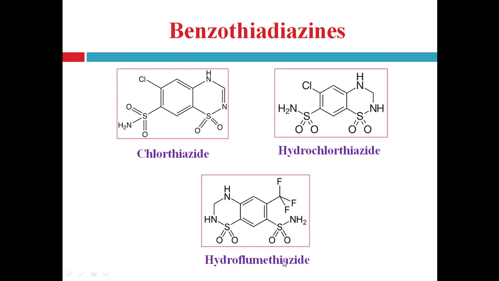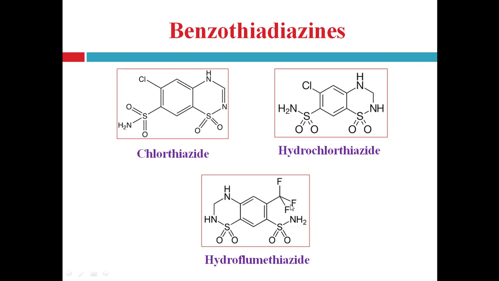Hydroflumethiazide is the compound in which also the double bond is removed and hydrogenation of this carbon and nitrogen occurs, and flume indicates the presence of the trifluoromethyl group. Here CF3 is present.